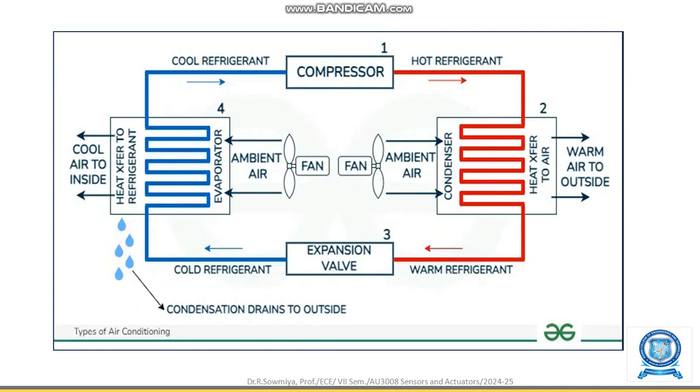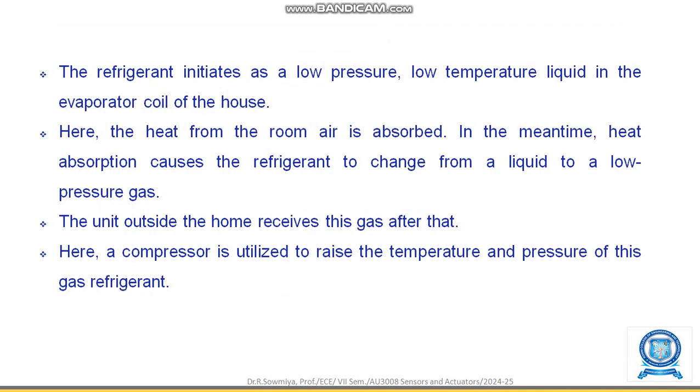This is the graphical representation of the air conditioning. The refrigerant initiates as a low pressure, low temperature liquid in the evaporator coil of the house. Here the heat from the room air is absorbed.